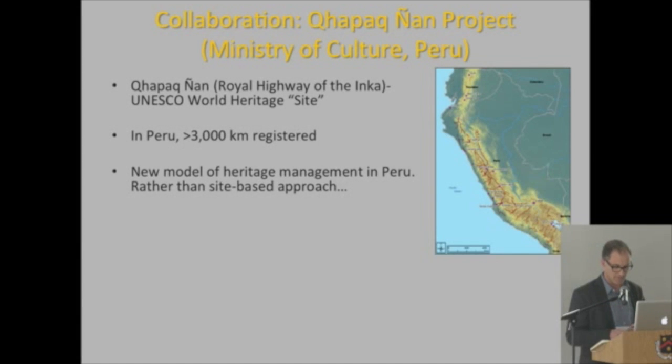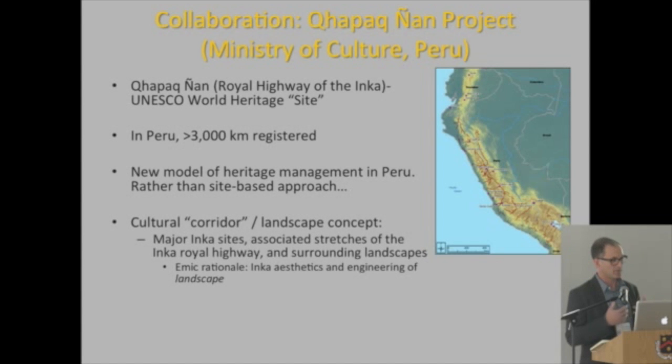Rather than a site-based approach, he wants to look at these sub-projects as cultural corridors or landscapes. And there are good archaeological reasons for this, in the sense that the Incas themselves, their aesthetics and their sense of landscape, superseded the site as the unit. They thought on a grander scale than that.